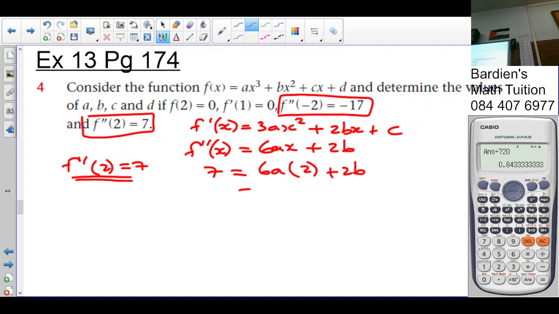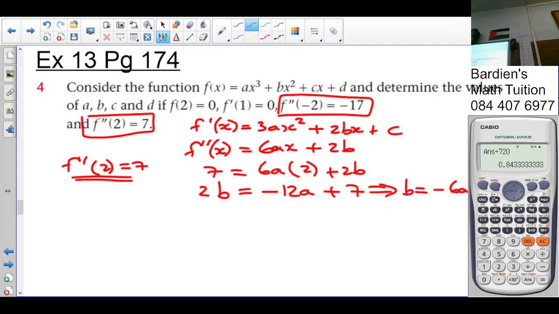And so I'm going to make 2b the subject of the formula. I'm going to take that over, so it's negative 12a plus 7, which implies that 2b is equal to negative 12a plus 7. And this is equation 1.